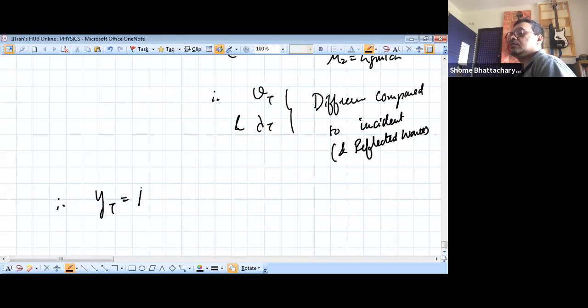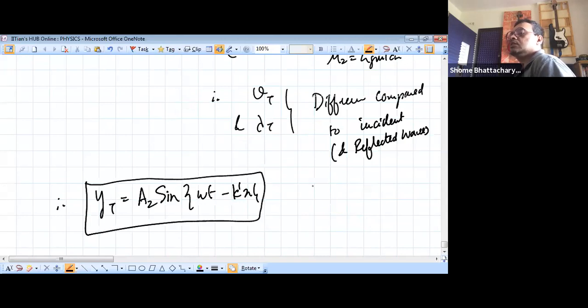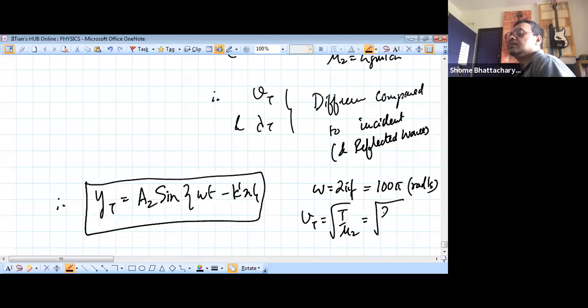Okay, so coming back to the transmitted wave, it has some amplitude E2 sine omega t minus k prime x. It's traveling in the positive x direction, so the sign is minus. Here omega will be 2 pi f, so that is 100 pi radians per second. But the speed of the transmitted wave will be square root of T by mu2, so that will change by a factor of half.